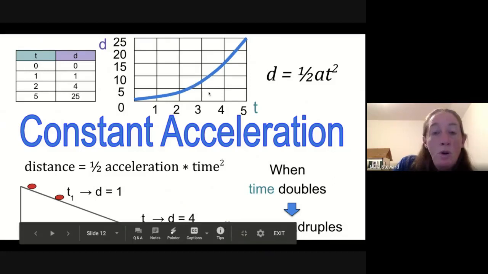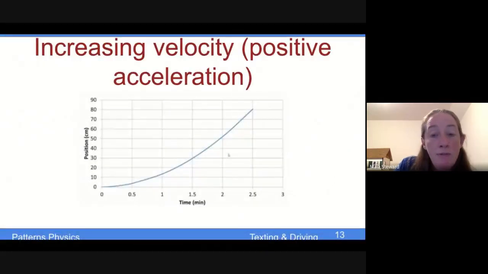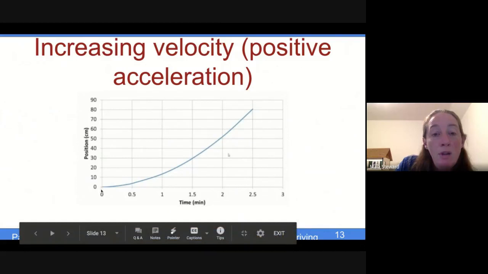And so what does that look like on a graph? We have the position of the car, right? So how far is it traveling in how much time? Well, from 0 seconds to 1 second, that's a pretty low slope. You're not getting very far in that first second. But between the first second and the second, whoa, we just jumped up a lot.